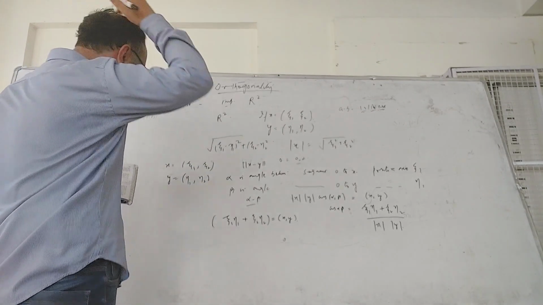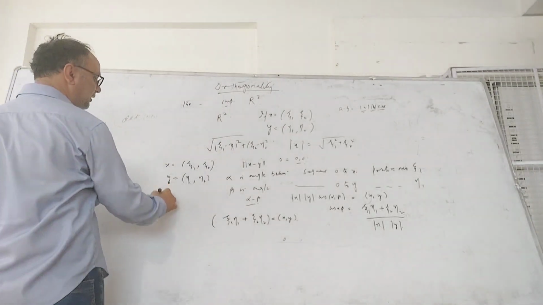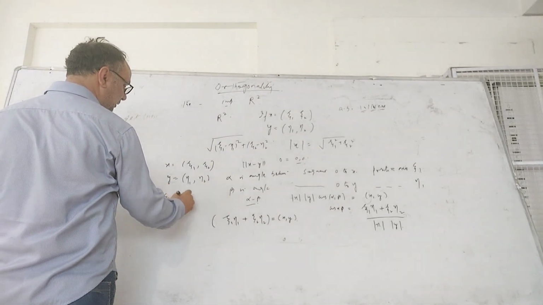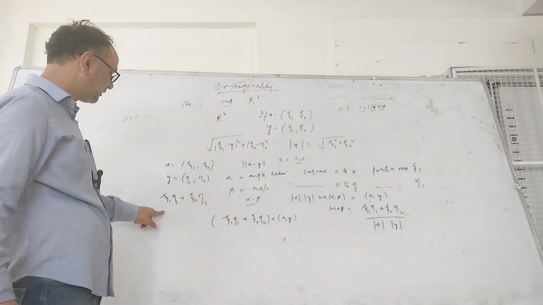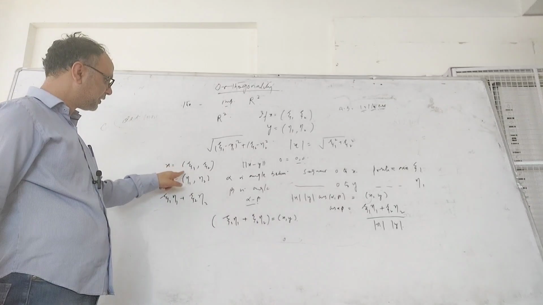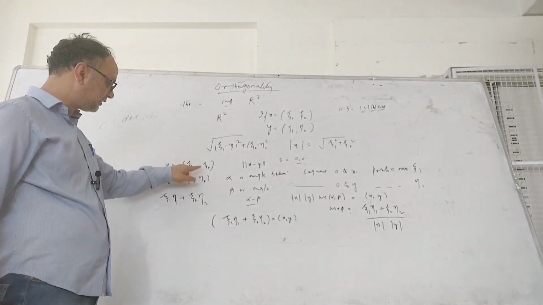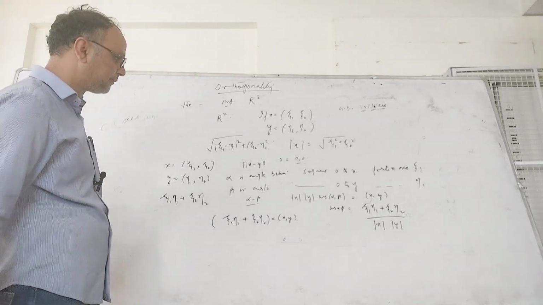So the simplest expression is zeta 1 eta 1 plus zeta 2 eta 2 as a product of x and y, and it is orthogonal when this vanishes.